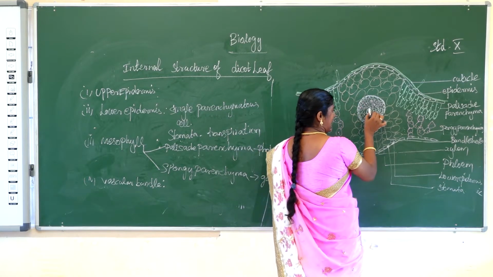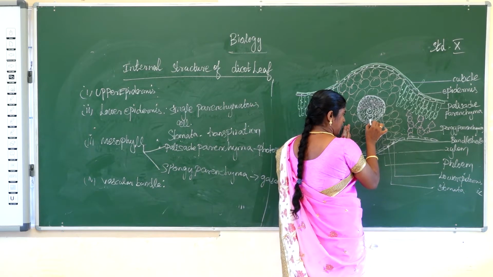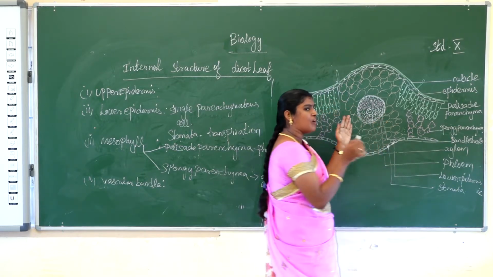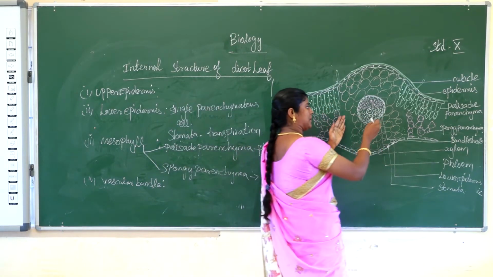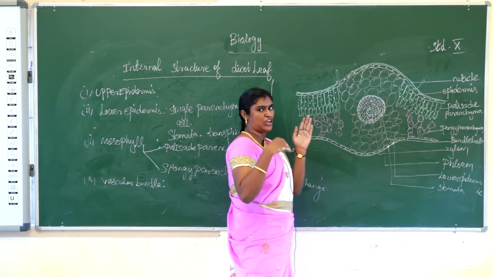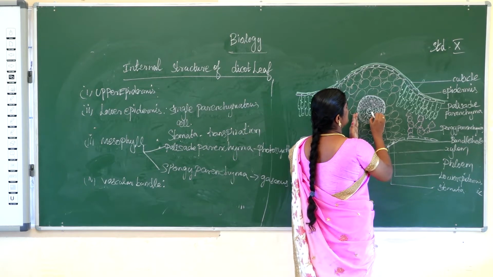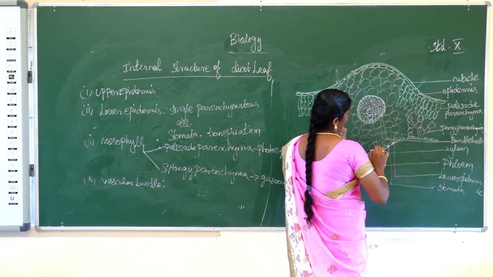The larger xylem element is known as metaxylem. The smaller xylem element is known as protoxylem. What is the use of xylem? It conducts the water and minerals to different parts of the plant. What is the use of phloem? It conducts the food materials to different parts of the plant. The xylem is towards the upper epidermis, the phloem towards the lower epidermis.